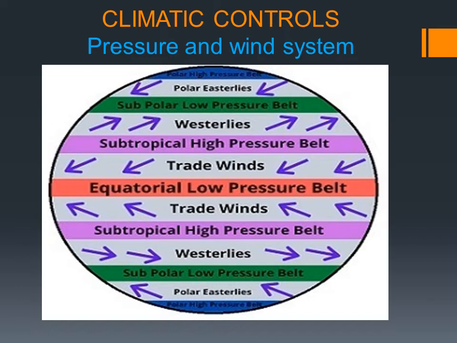Just above the equatorial low pressure belt, we have the subtropical high pressure belt, which causes the wind to turn to its right towards the equatorial region. These winds are called trade winds. Then comes the subpolar low pressure belt.